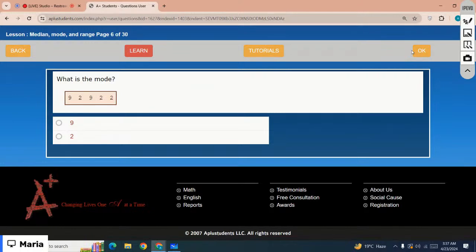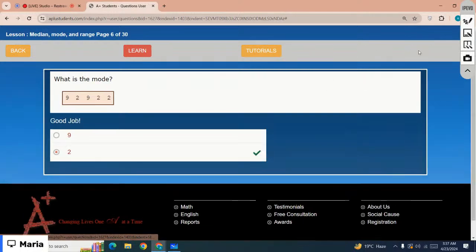What is the mode? Which is the correct option? Yes, 2 it is. 2 is the number that appears the most of the time in the given data.